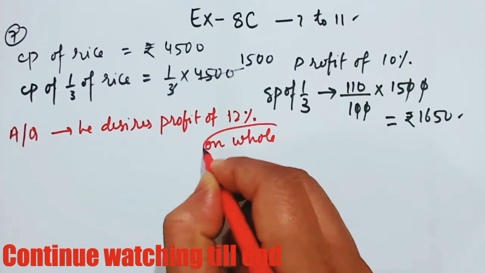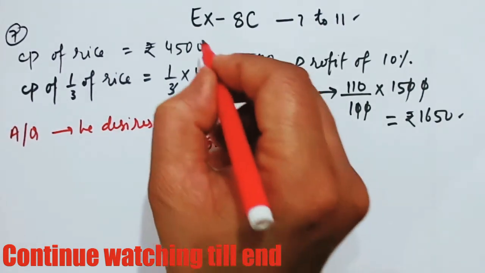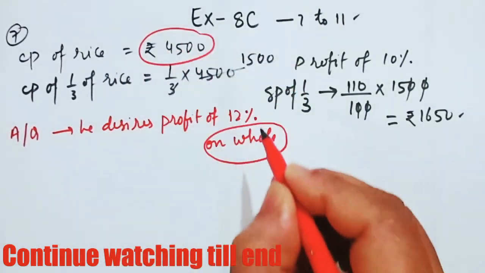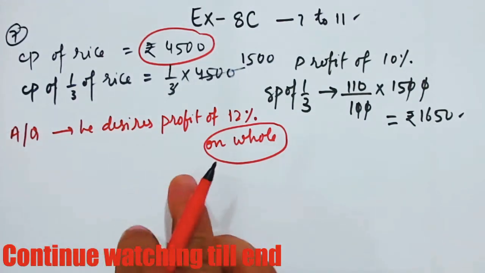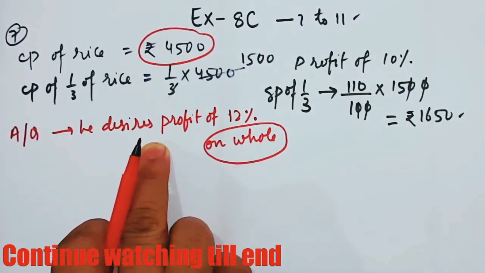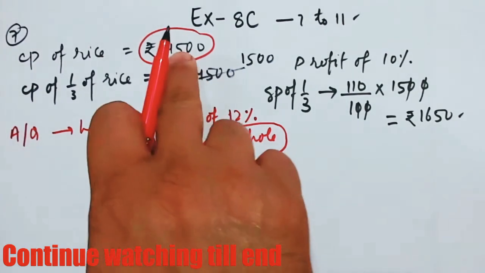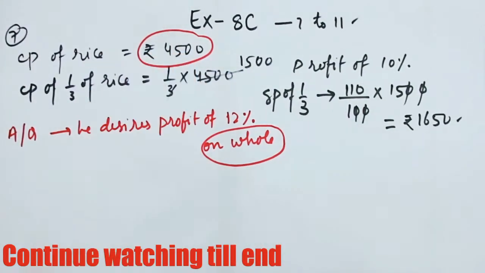On whole means on cost price. Means he wants to earn a profit of 12% on the entire cost price.